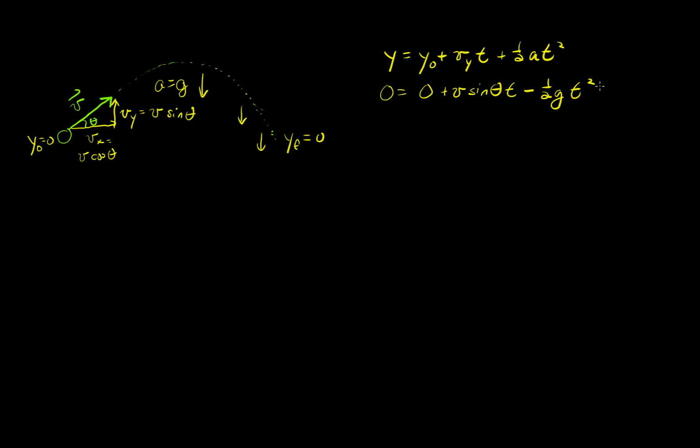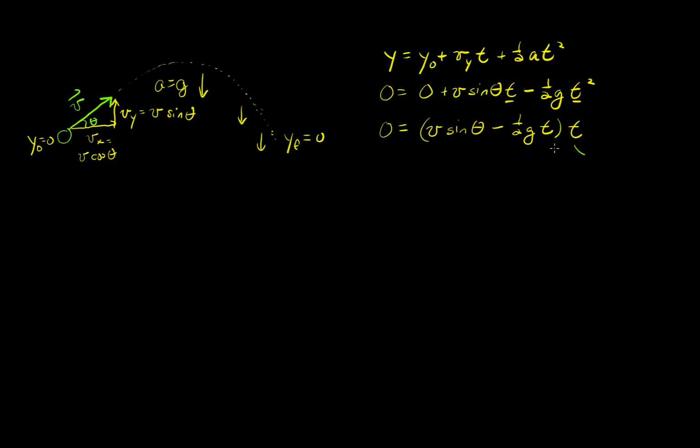All right, so this is 0. I get 0 is equal to, notice these both have a t, so I'm going to factor out one of the t's, equals v sine theta minus 1/2 g, and I factored one of the t's, so I got one left, times t. And now we break this up.